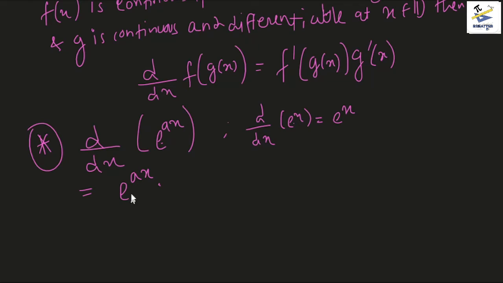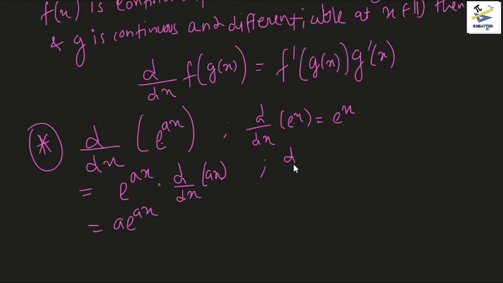But then multiply it with, go to the next level of the function where the anomaly is present. So it should have been e to the power x, but it isn't, right? What is there instead of x? It's ax. So now it should be d/dx of ax, where a is just a constant, and when you do a times x, the d/dx of x is just 1 and the constant just comes out. So the answer becomes a into e to the power ax.